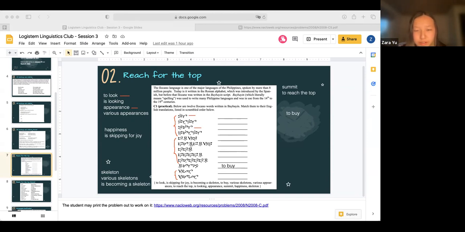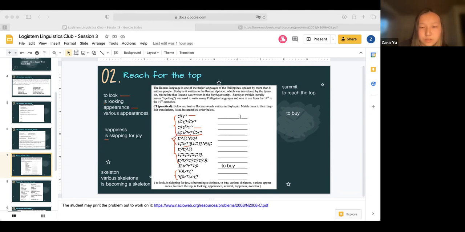Something you can think about is, for example, to look and is looking. It begins with this is word, and this one also begins with is. If we look in this grouping, they have a similar thing going on here with this symbol. So we can kind of relate these 2.